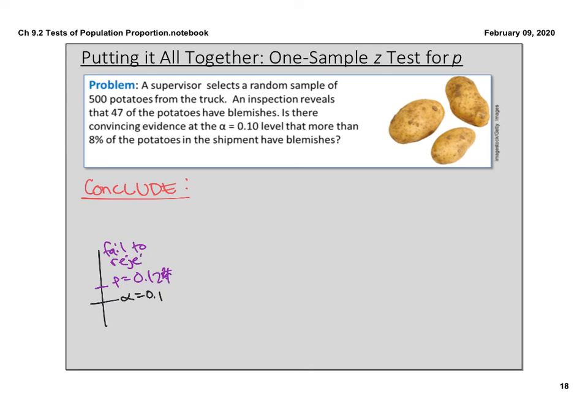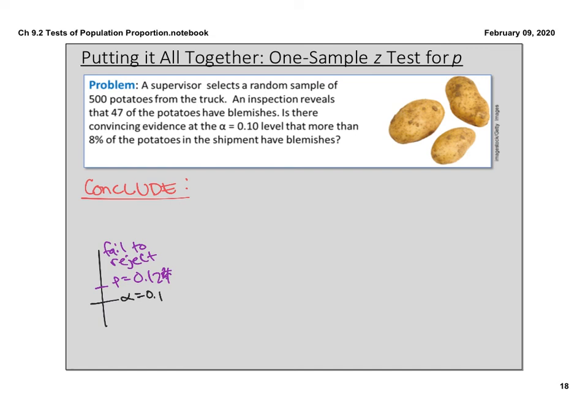We never want to say that we accept something, but we're going to say that we fail to reject the null. So we're not accepting the null. We're just failing to reject the null. What we looked at is not enough evidence to say that our null is wrong. So here's my 2-sentence conclusion.